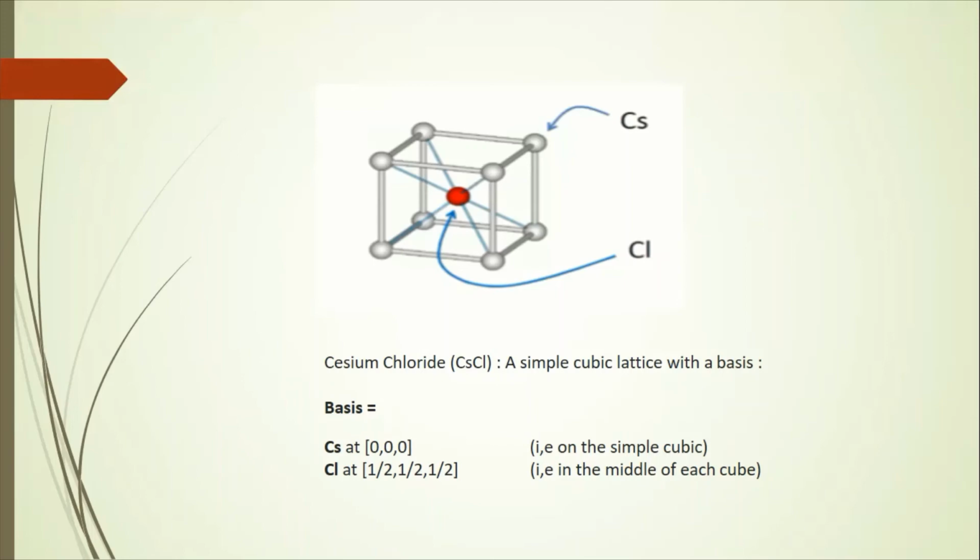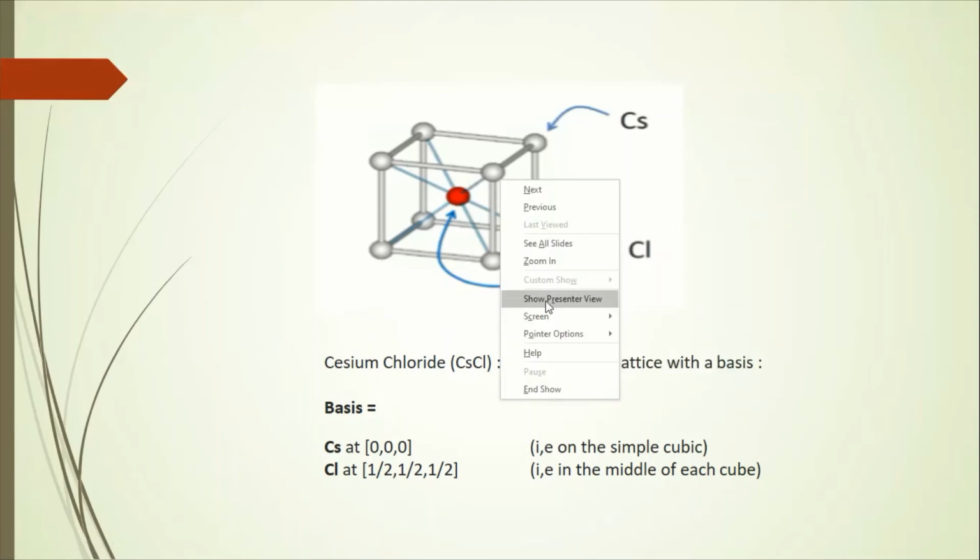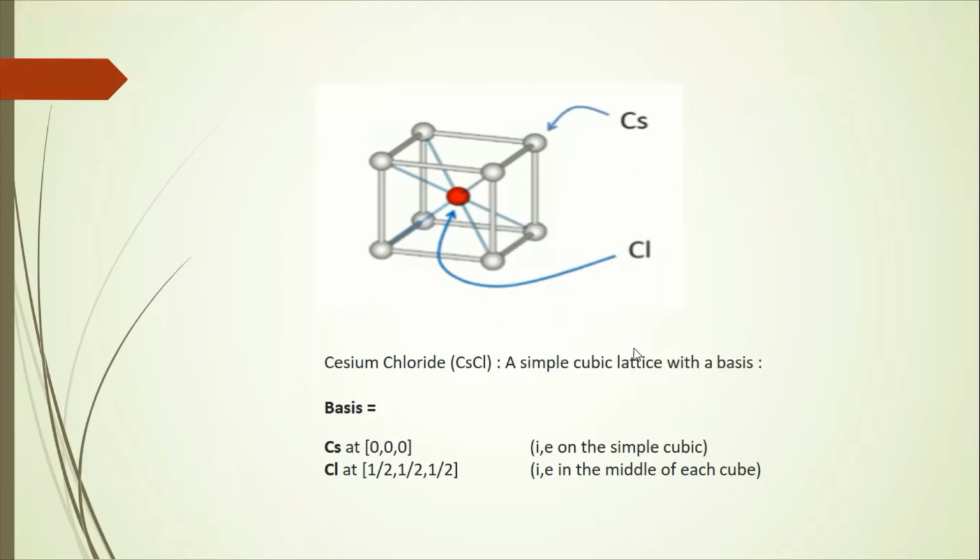This material has a cubic lattice, but the atoms are not the same, because the atom in the middle is different from the atoms at the corners, cesium.